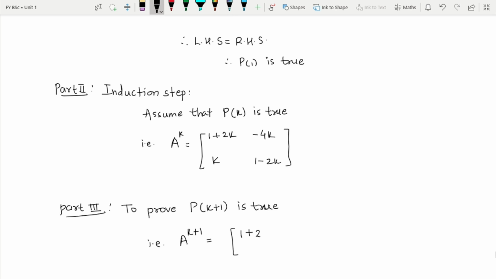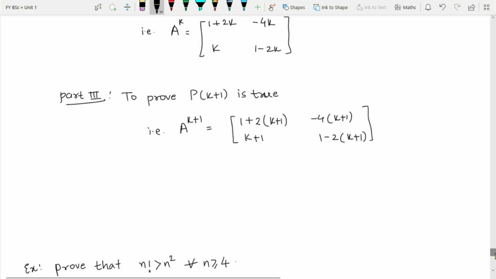If we simplify it a bit, this will be equal to 1 plus 2k plus 2, that is 3 plus 2k, minus 4k minus 4, k plus 1, and 1 minus 2k minus 2, but 1 minus 2 is minus 1, so minus 1 minus 2k.